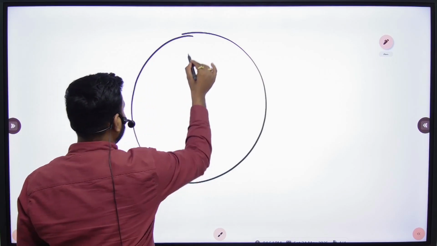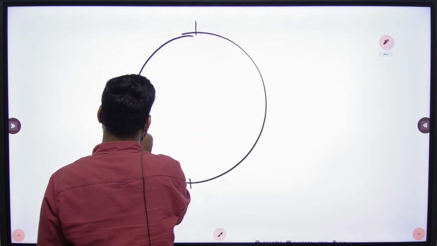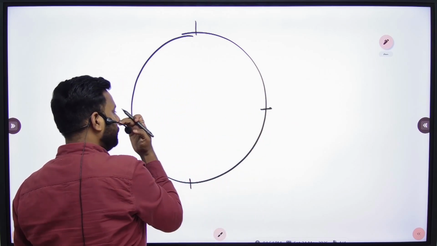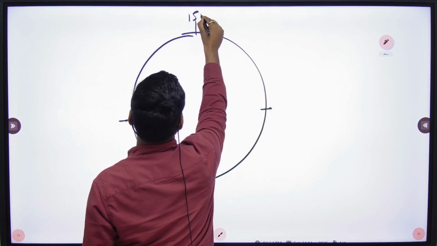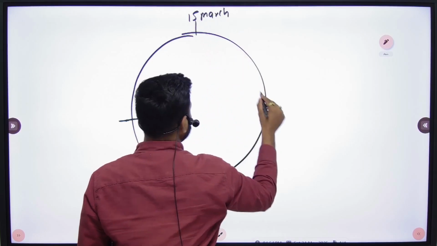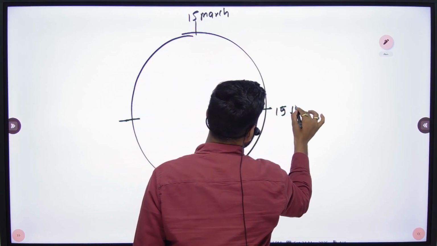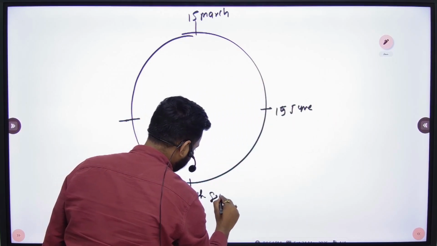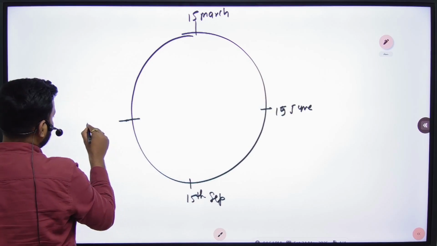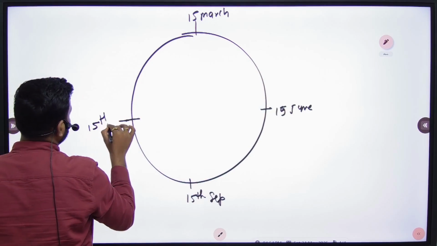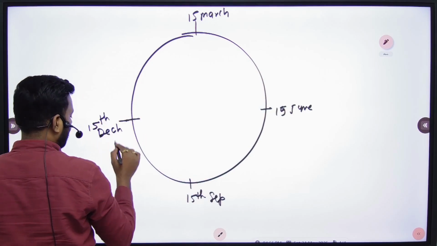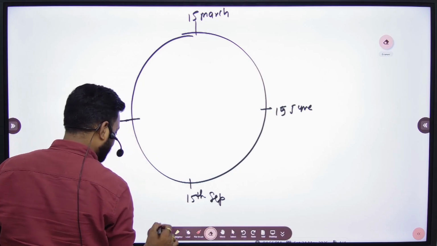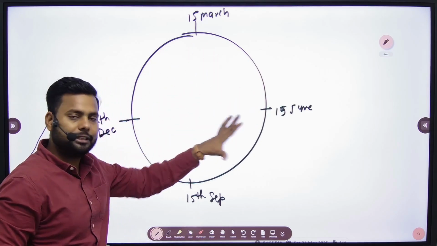You simply make a circle and divide the whole monsoon of India into four seasons, which start from 15th March to 15th June, 15th June to 15th September, 15th September to 15th December, and then you put all the facts around this circle.